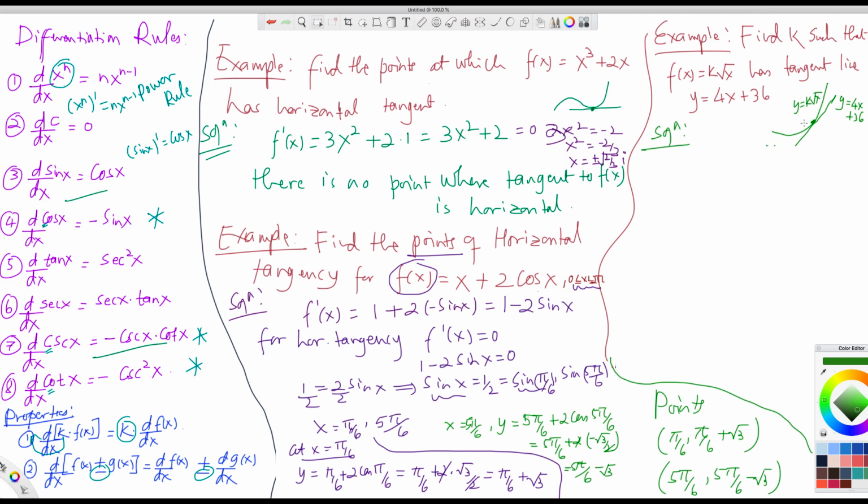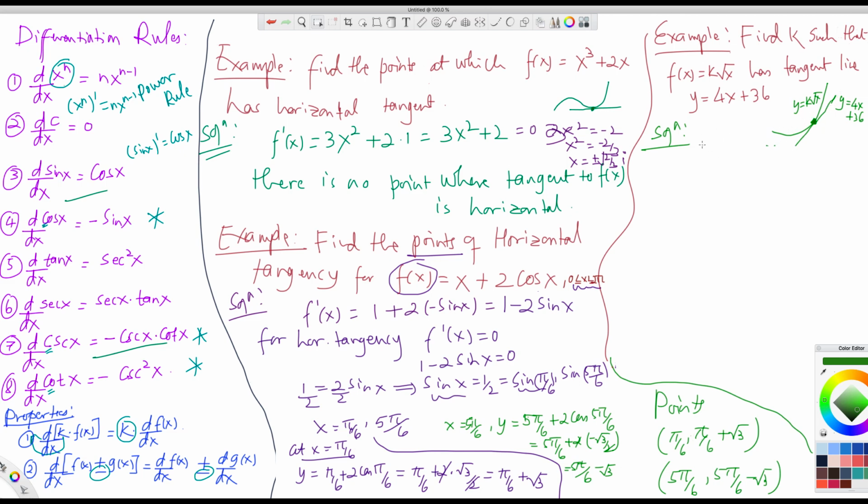If this line is tangent to this curve, then they must have the same y value, because the point (x, y) is common to both the curve and the line, and also their slope must be the same.